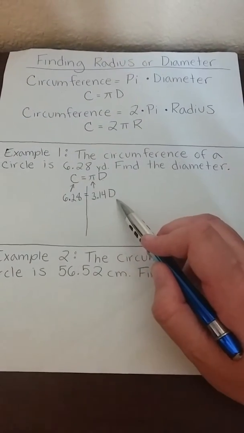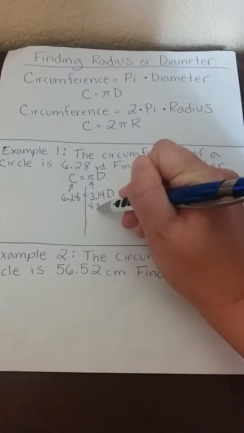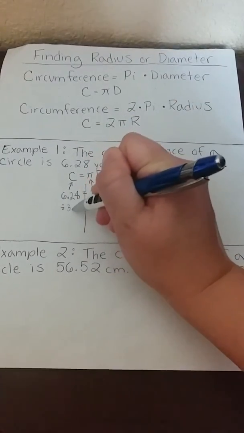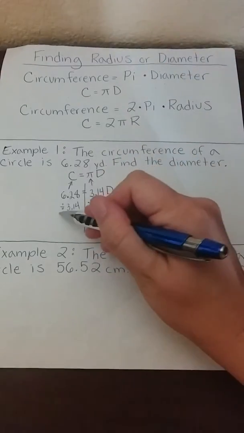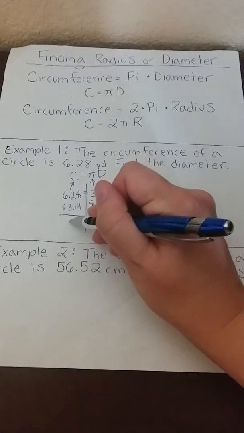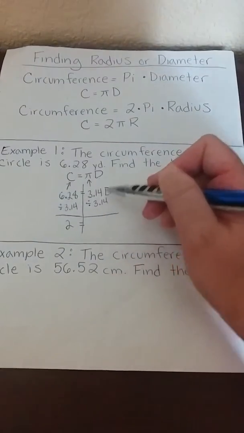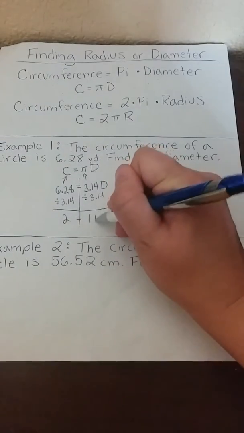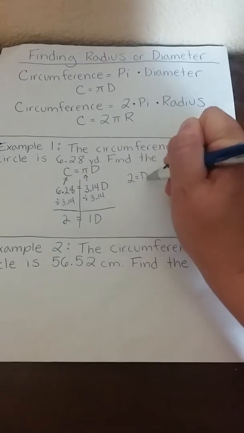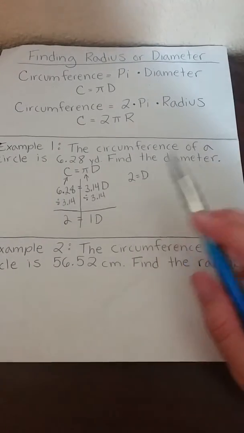So I'm going to divide both sides by 3.14. 6.28 divided by 3.14 gives me 2. On the other side, 3.14 divided by 3.14 is 1d, so 2 equals d. That means my diameter is 2 yards.